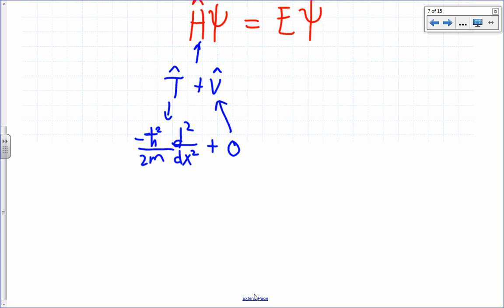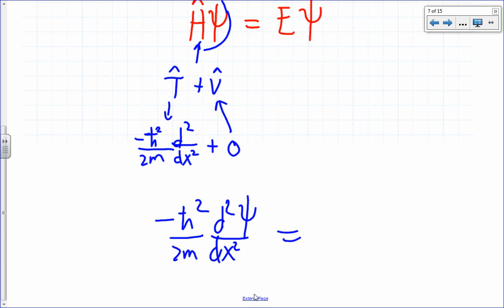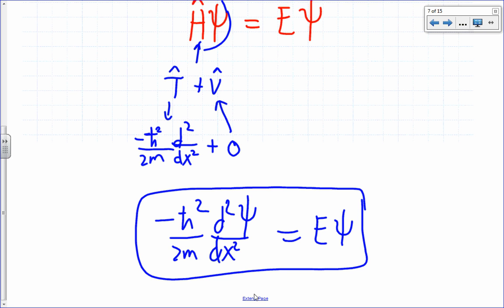It's 0. So H hat psi then is negative h bar squared over 2m, second derivative with respect to x, operating on psi. So that's your H hat psi is equal to E psi. This is your differential equation.